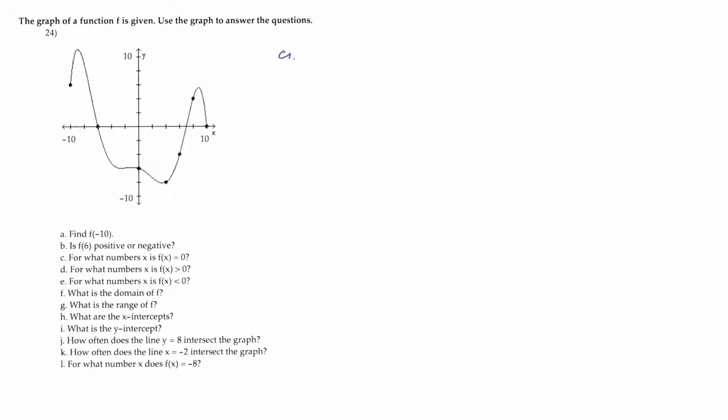Alright, so part A wants us to find f of negative 10. F of negative 10 looks like it's equal to 6. Recall that f of x is equal to y, and so when they ask us what f of negative 10 is, it's basically saying if x equals negative 10, then what's y equal to?